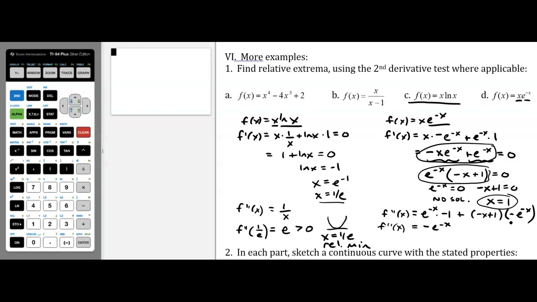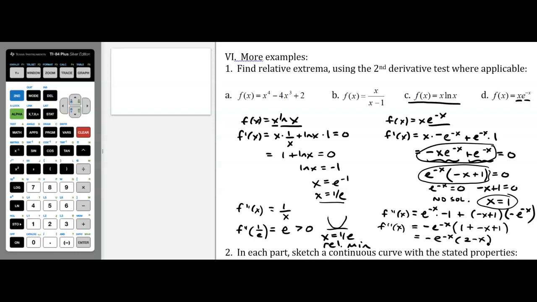Now notice you've got a -e to the negative x over here also. And so if you factored out a -e to the negative x, you'd be left with 1 plus, I guess that would be a -x plus 1. Or our second derivative is -e to the negative x times 2 minus x.